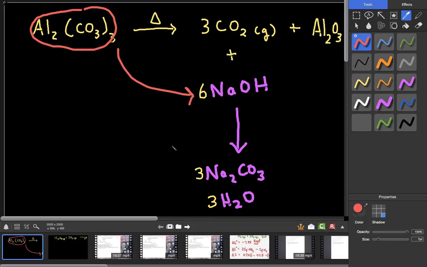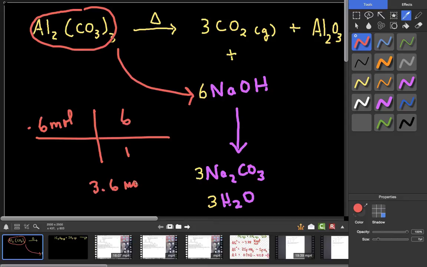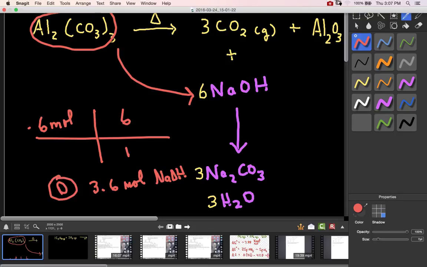And I'm starting with 0.6 moles of aluminum carbonate, but they react in a 1:6 ratio. Therefore, I would need 3.6 moles of NaOH. And when we look at our answer choices, that is answer choice D for number 1.